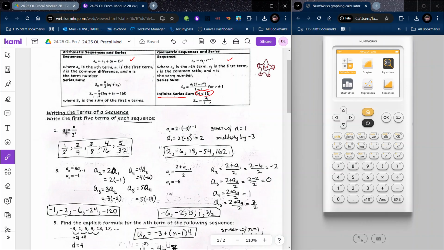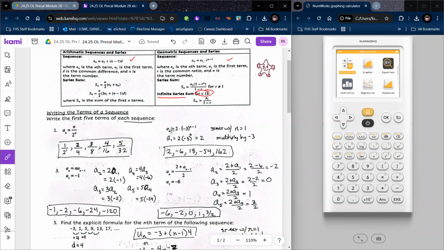So for this first one, 1 in the numerator, 2 to the first power in the denominator. Then 2 in the numerator, 2 to the second power. Then 3 in the numerator, 2 to the third power. 4 in the numerator, 2 to the fourth power, 5 in the numerator, and then 2 to the fifth power, which is 32. So we list out the 5 terms separated by commas.